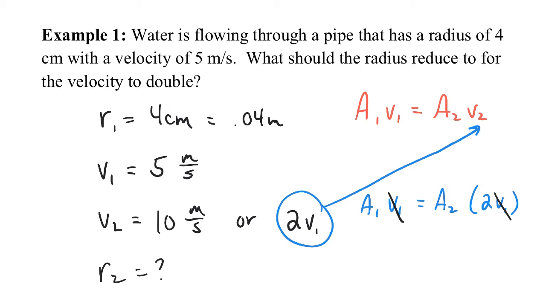The new area is just 10, isn't it? Again, I'm doubling the velocity so the area should halve. But am I finding the area? Joe, what am I trying to figure out? What's my unknown? The radius. So I need to go ahead and do this.